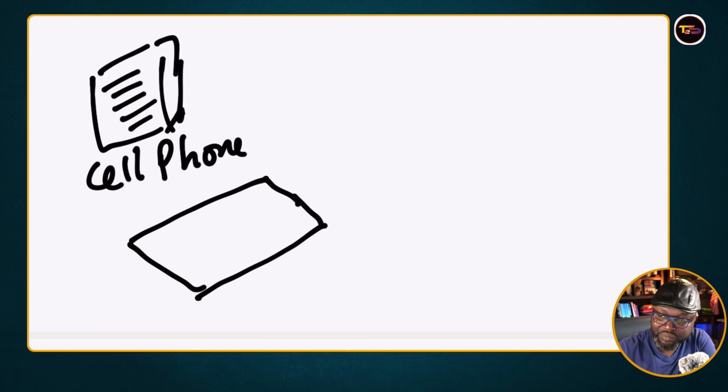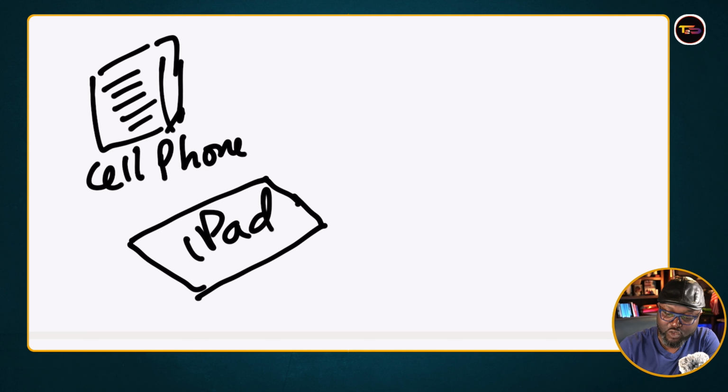So you may have a cell phone here. Let's assume that this is a cell phone. And sometimes you may have a tablet. It's a tablet, and this could be like an iPad or any device you may have.